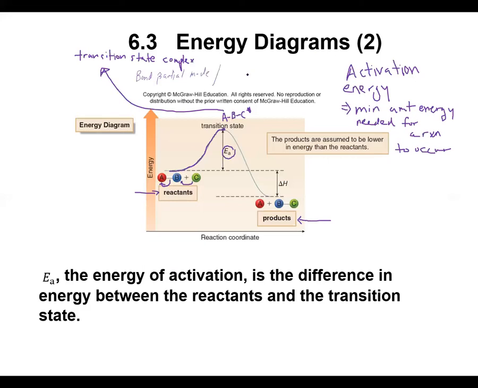So in this particular example, as we approach the top of the hill, the bond between A and B is starting to be broken, while the new bond between B and C is starting to be formed. And this is what is referred to as a transition state complex.